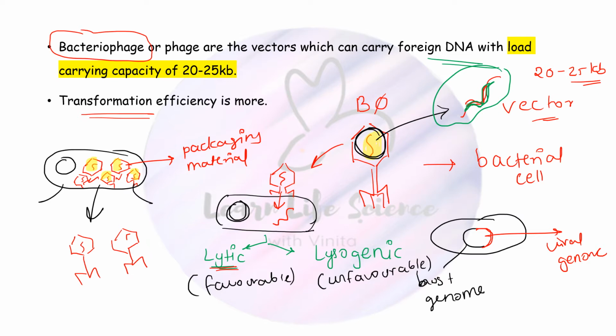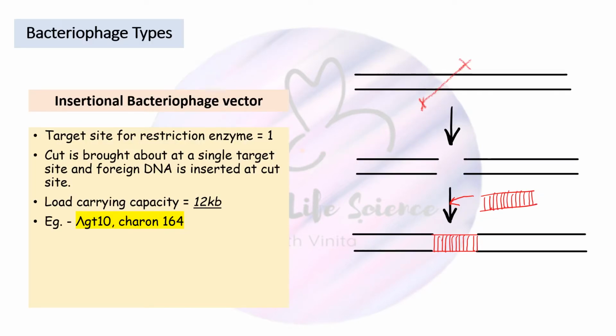Now we are going to discuss the types of bacteriophage vectors. So there are generally two different types of bacteriophage vector. The first one is the insertional bacteriophage vector, and the second one is the replacement bacteriophage vector. In case of the insertional bacteriophage vector, you can see this is the genetic material, and in this case there is only a single restriction site on the DNA.